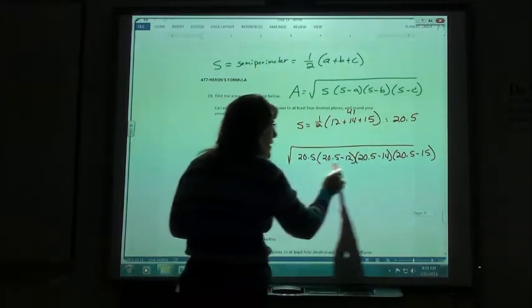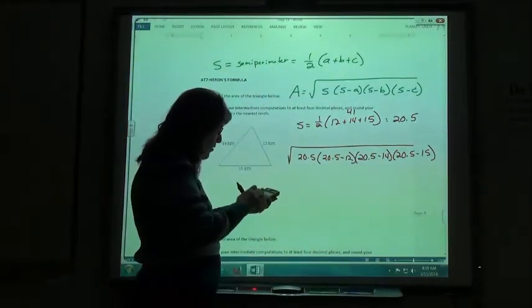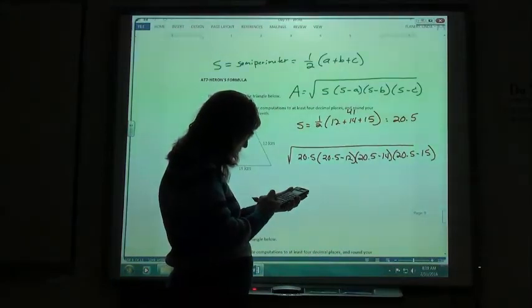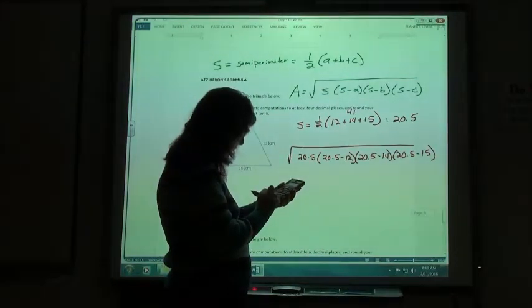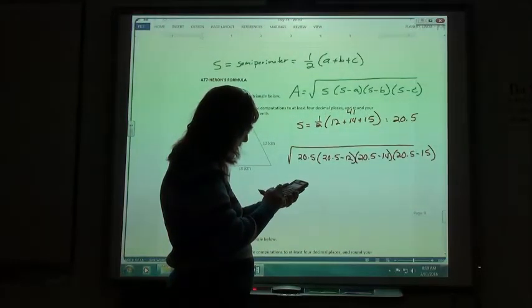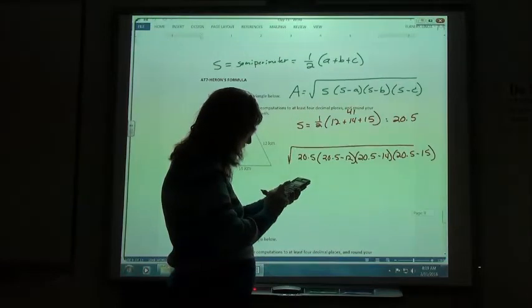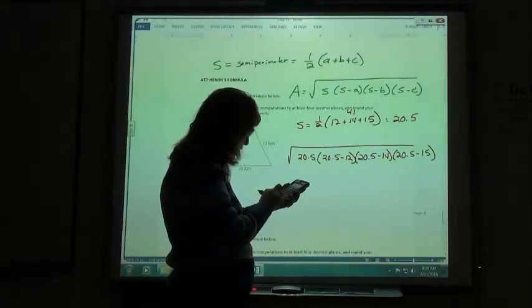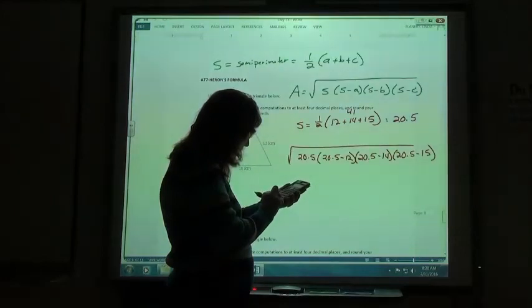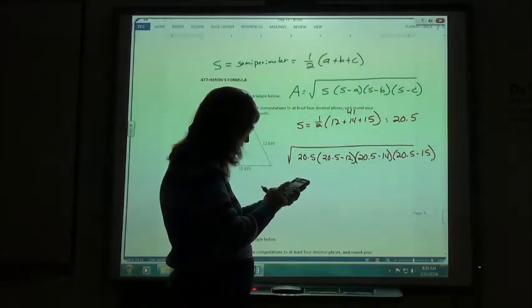I'm just going to use my calculator and do all of that together just like it looks with the parentheses. So I'm going to start with 20.5 parenthesis, 20.5 minus 12 parenthesis, parenthesis on the other side, 20.5 minus 14 parenthesis, and then parentheses again, 20.5 minus 15 parentheses.